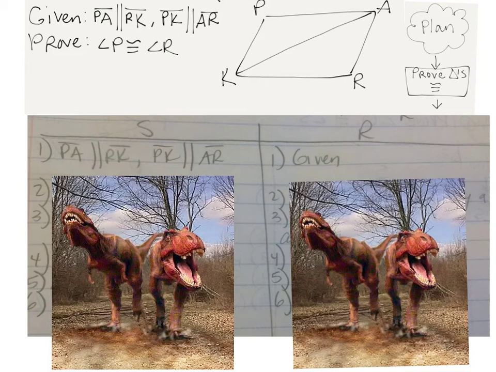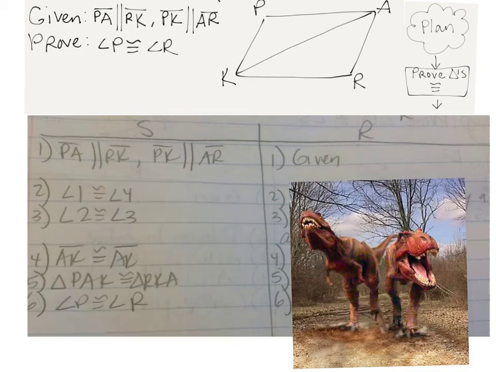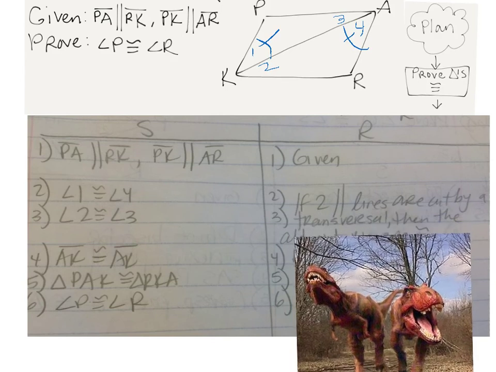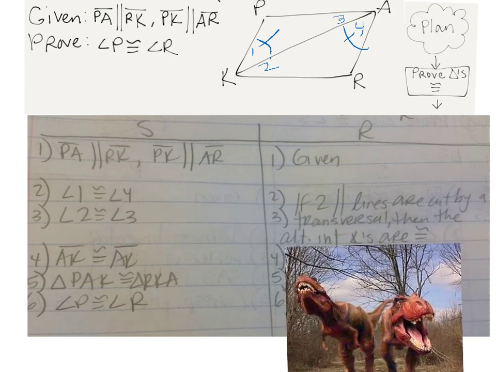All right, the first thing I'm going to do is I'm going to reveal the statements. We showed first that angle 1 is congruent to angle 4, and I better label that here. 1, 2, 3, and 4. So we showed that angle 1 is congruent to angle 4 because if two parallel lines are cut by a transversal, then the alternate interior angles are congruent.